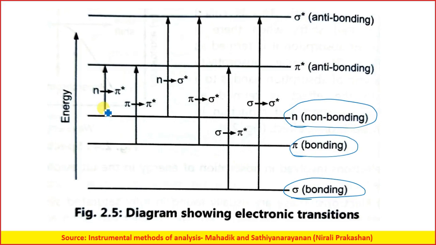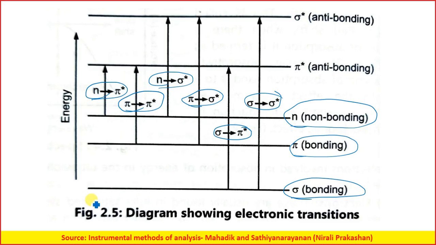So there can be a transition from the n level to pi star. Then pi to pi star, n to pi star, pi to sigma star, then sigma to pi star, and sigma to sigma star.